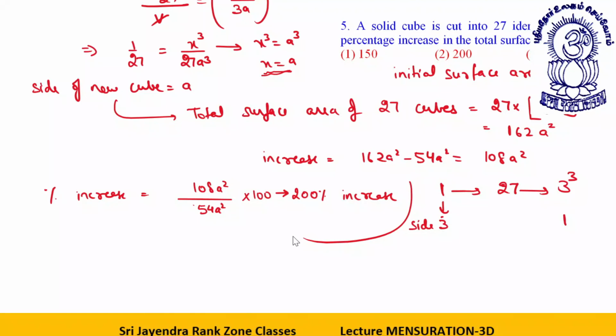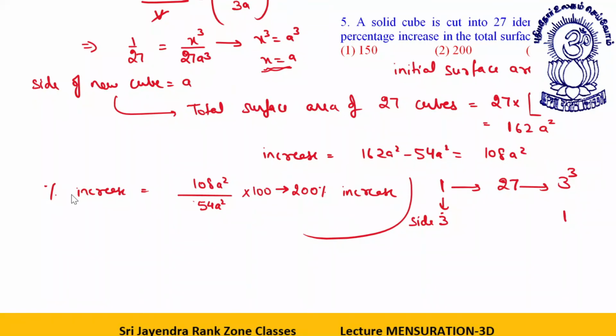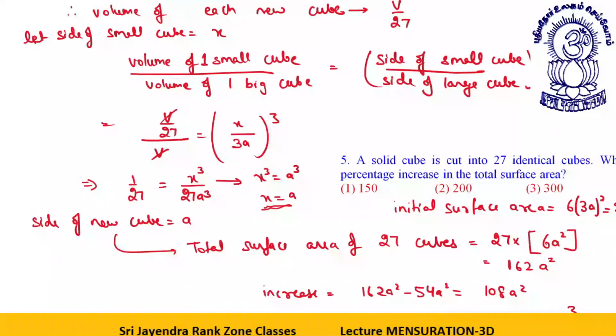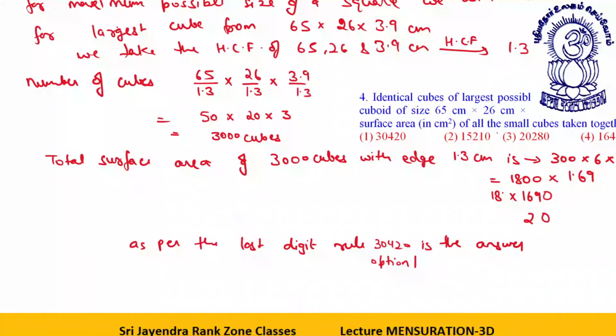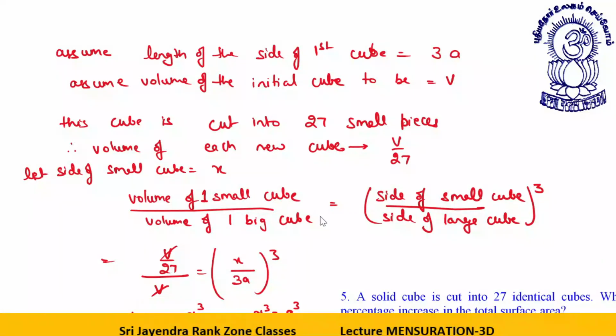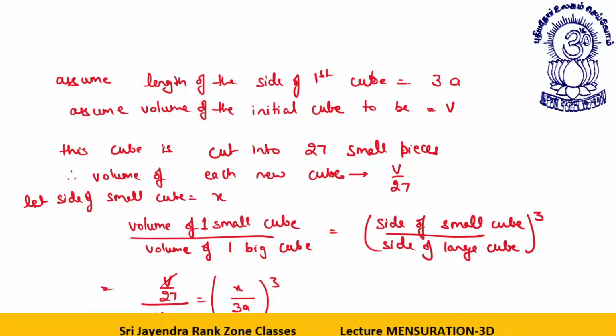Similarly, let me write the shortcut above. If one cube is broken into 27 cubes, the side ratio will be 3 is to 1, because this is 3 cube.